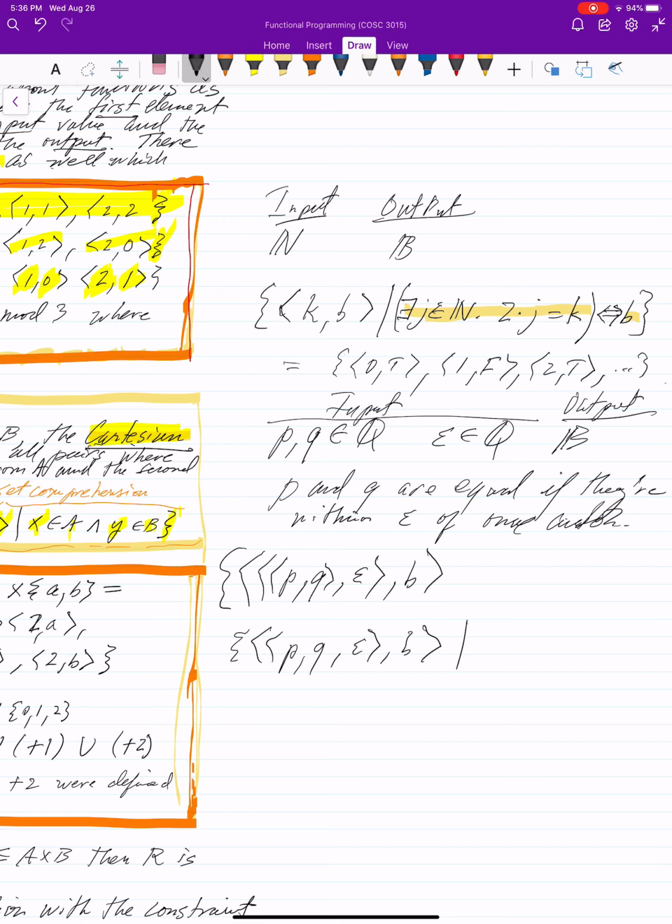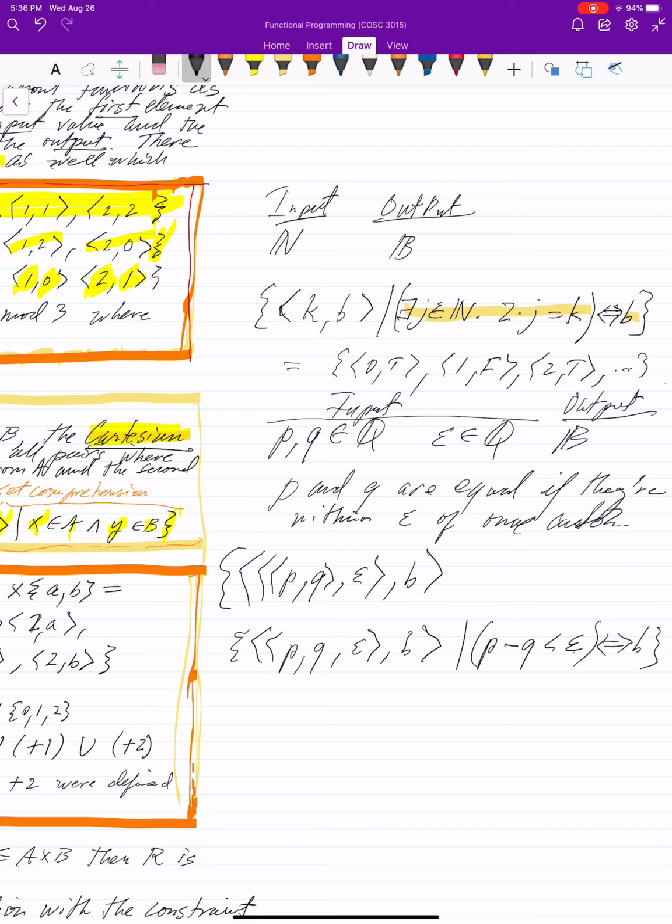And now, what do we want to say? We want to say that P minus Q is less than epsilon if and only if B. So that means if P minus Q is less than epsilon, that's true, so B must be true. And if B is true, it must be that P minus Q is less than epsilon.